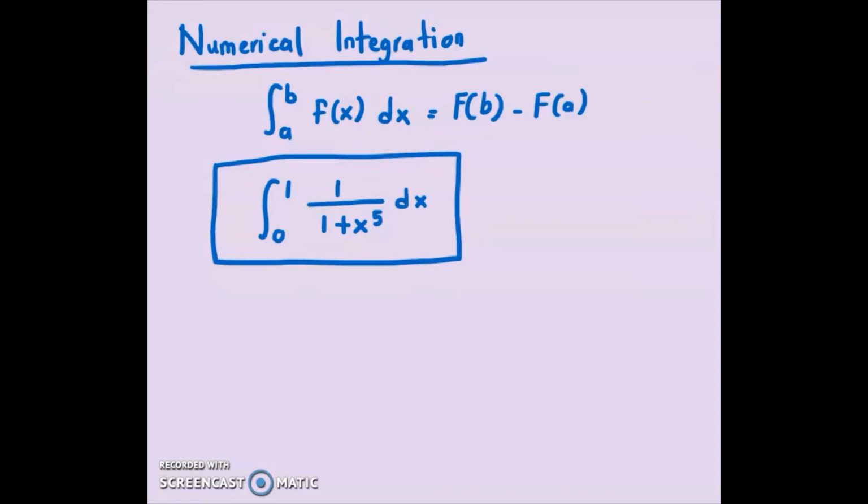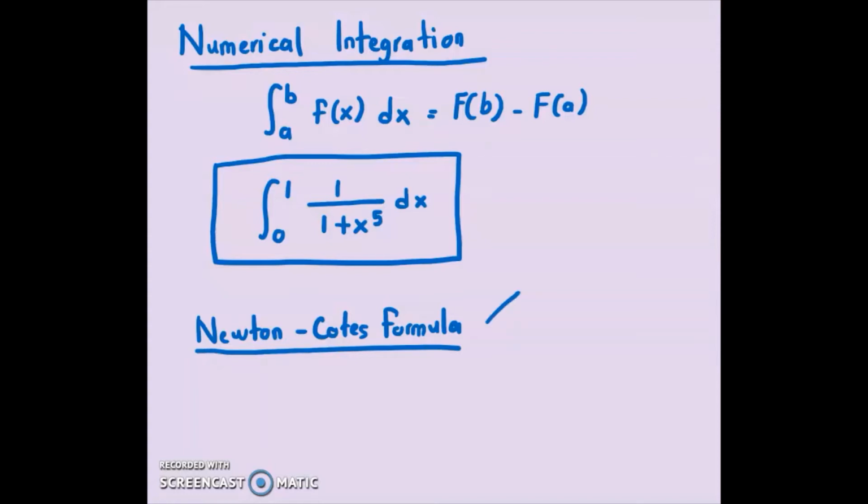Okay, so we want to find the area under the curve using numerical methods. There are a few methods that you can look at. We have the Newton-Cotes formulas without n subintervals.